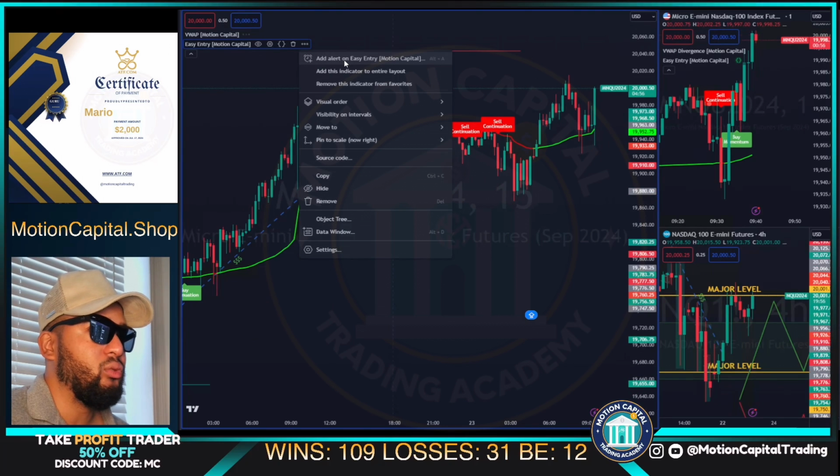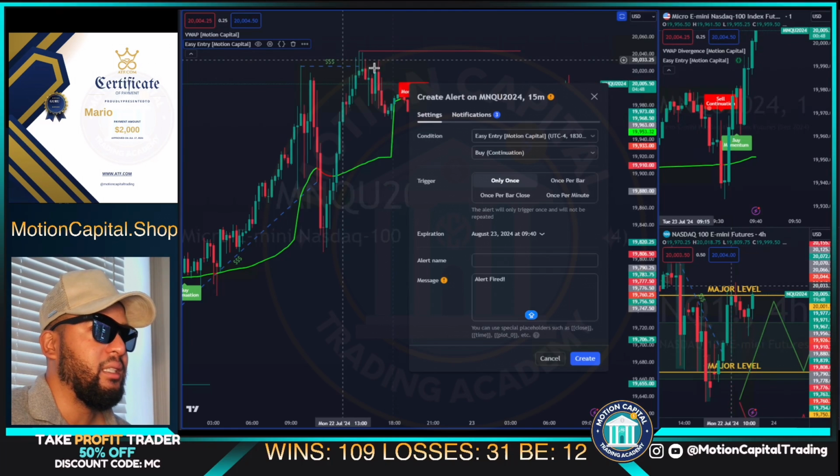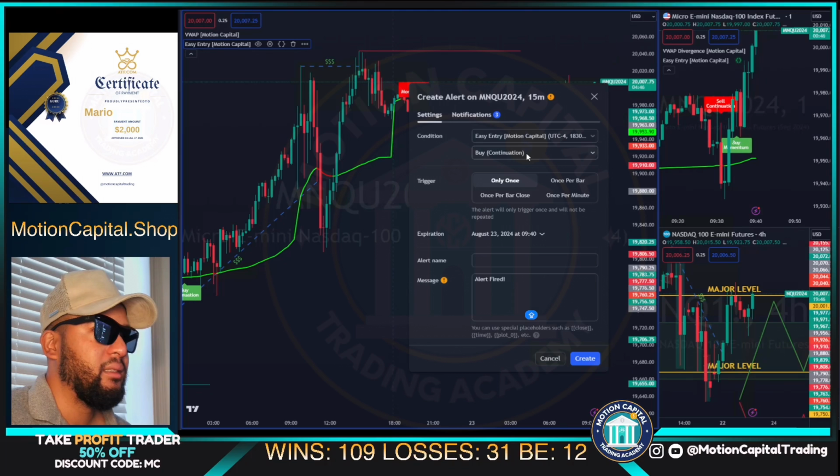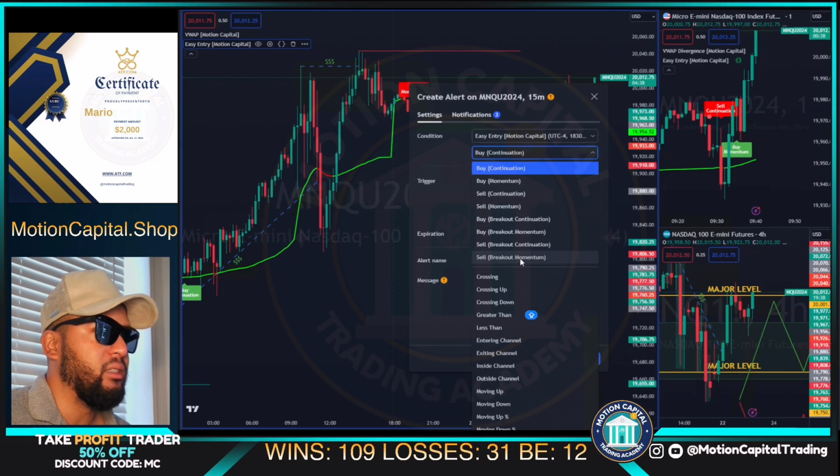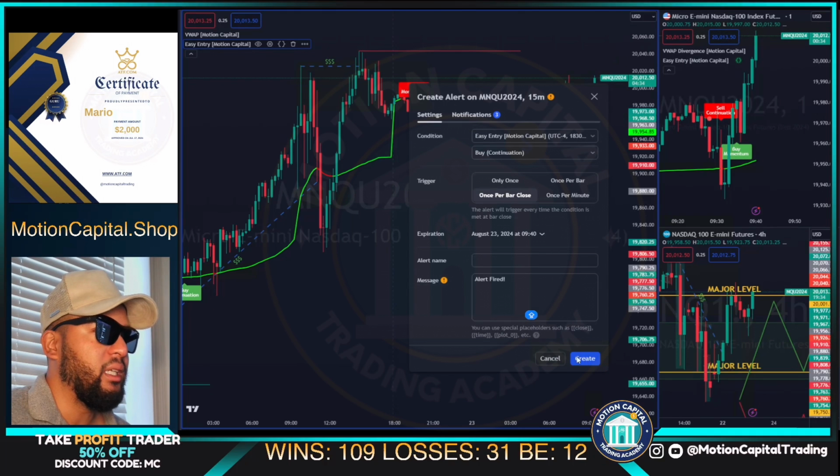You go add alert on easy entry, and once you click that, you got to make sure that it says once per bar close, and you're gonna want to do this for all 8 signals that we have on the smart signal indicator.